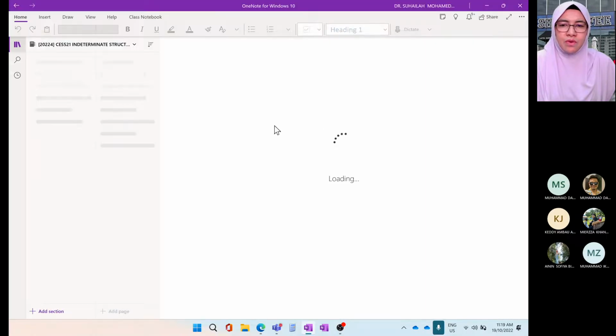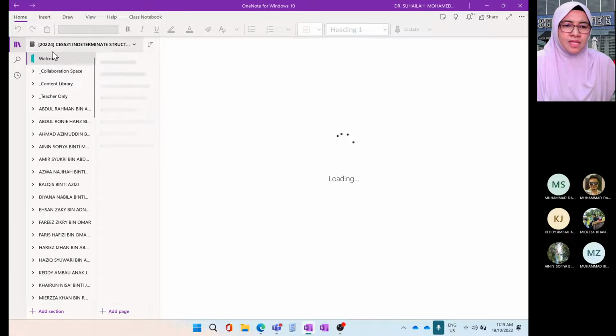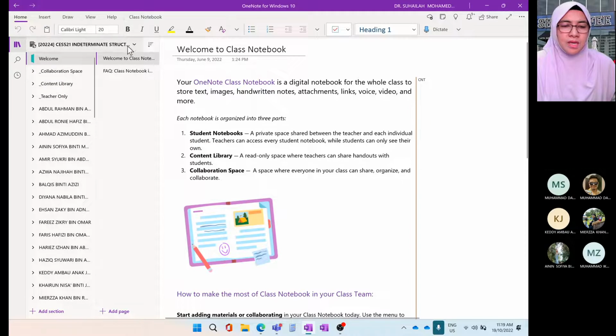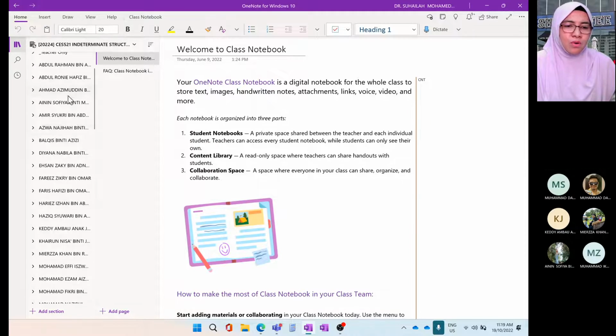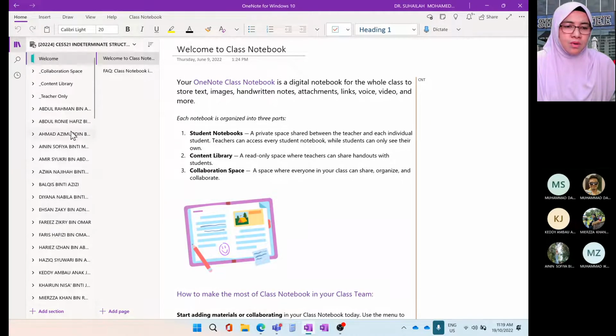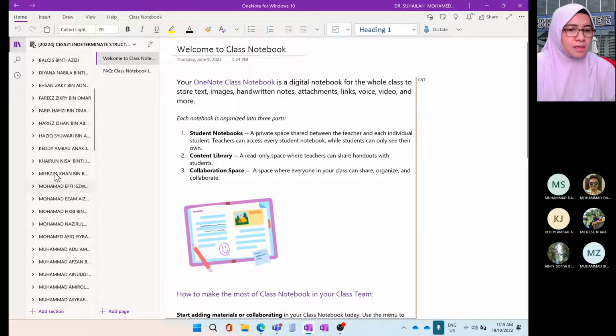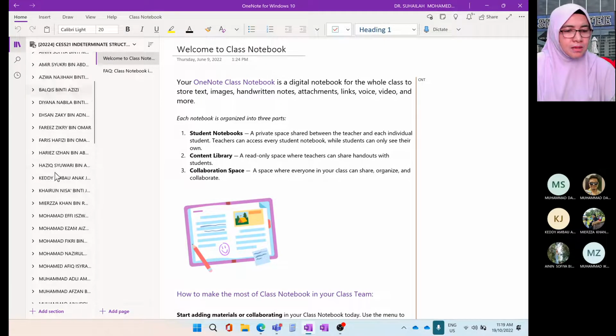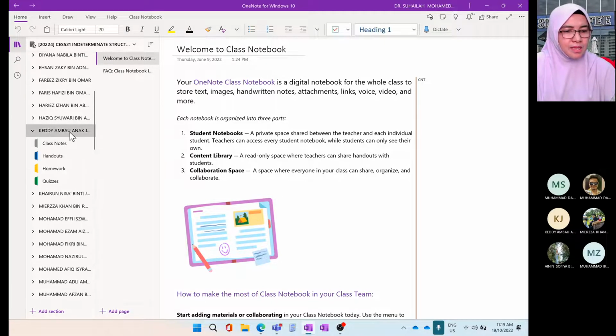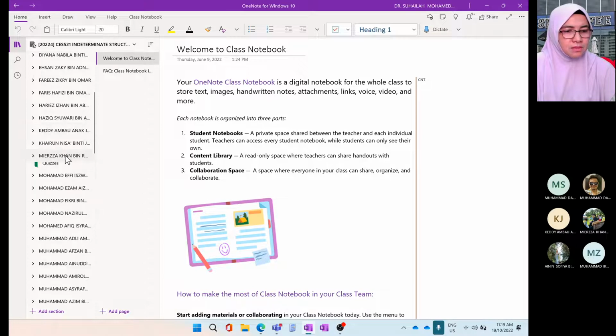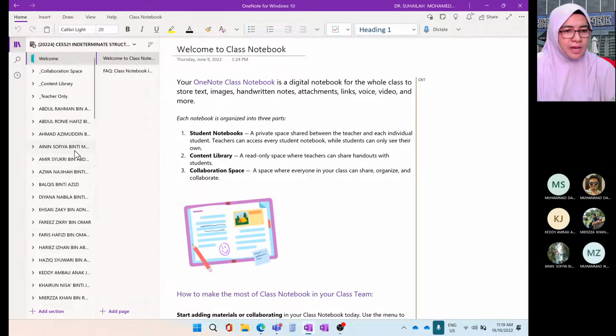Kalau you have your OneNote in your handphone, you can see this group, this notebook, in your OneNote, and you have your own folder. Ada tak kat your OneNote? Kat mana? Kat sini KD, kat sini Mirza, lepas tu Ainin Sofia.